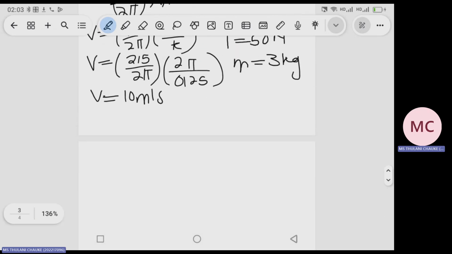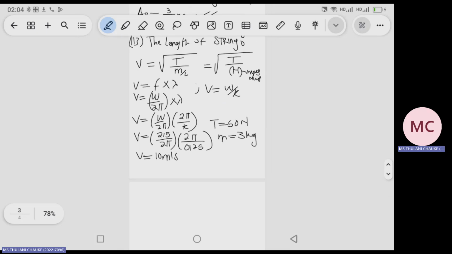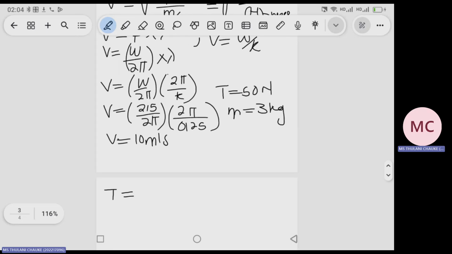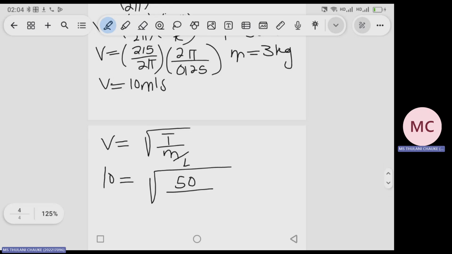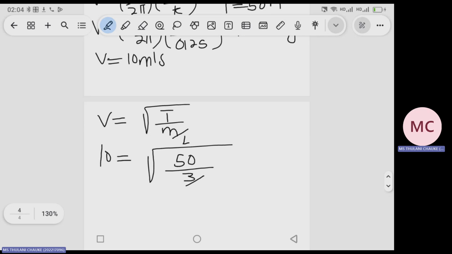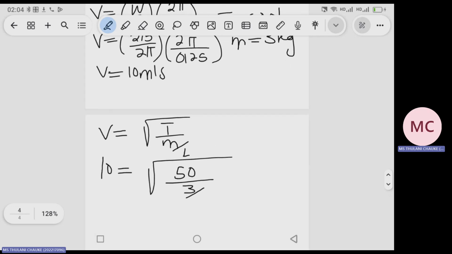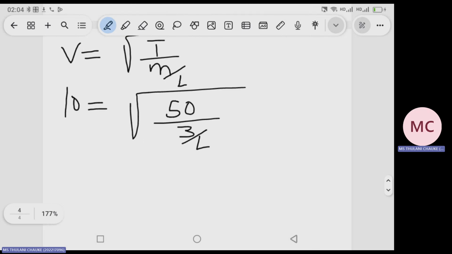So from there, we know that V is equal to the root of T over the mass density. And this one is 10, the root of 50 over the mass, which is 3 over L. The length of our string is what we're looking for.